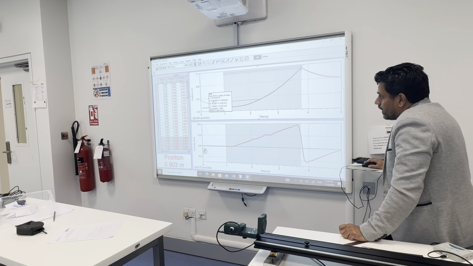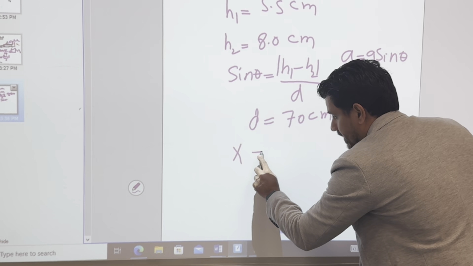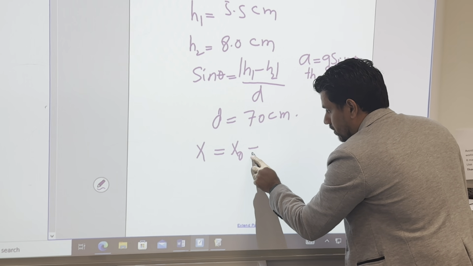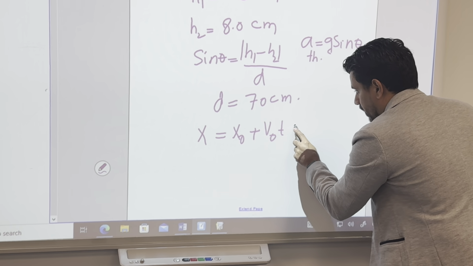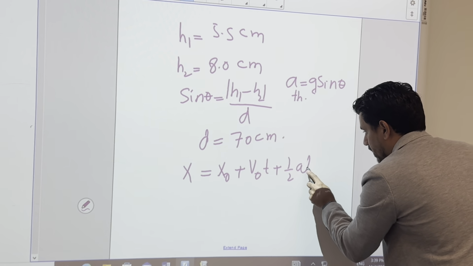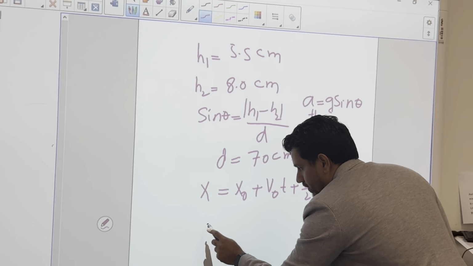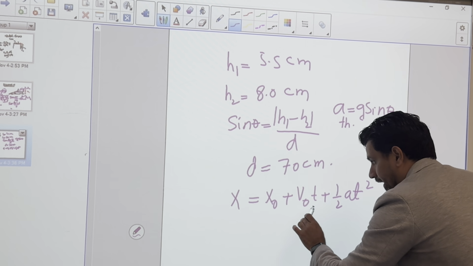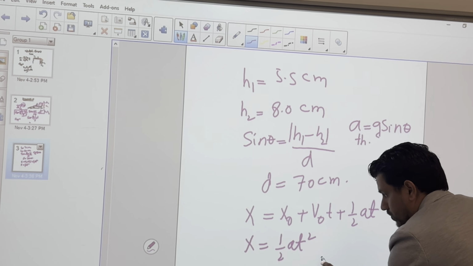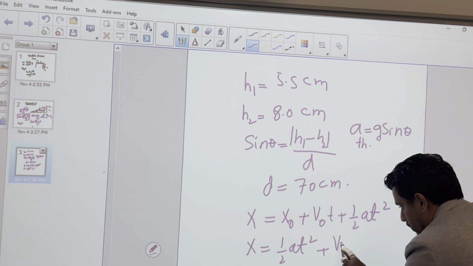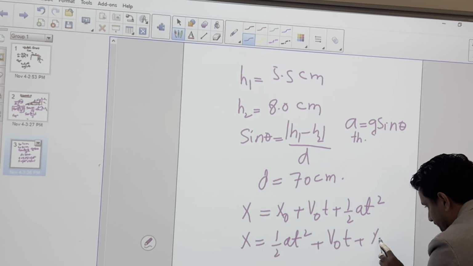So if you see the equations, your position equation will be like this: x equals x naught plus v naught t plus 1/2 at squared, and you can write it in terms of 1/2 at squared plus v naught t plus x naught.